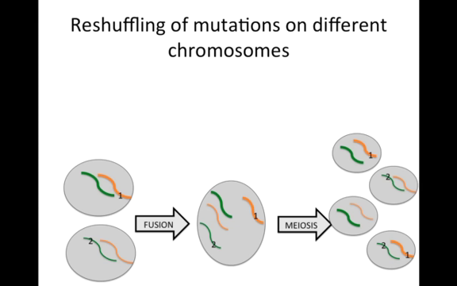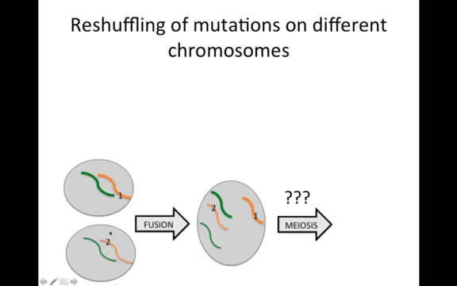Okay, so we discussed how meiosis is a way that mutations get reshuffled, so that we can start with haploid cells, each of which have one mutation, and then after fusion and meiosis, we can end up with meiotic products that have different combinations. However, so far we've only talked about when these mutations are on different chromosomes, on the orange set and on the green set.